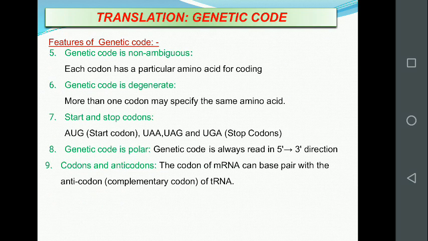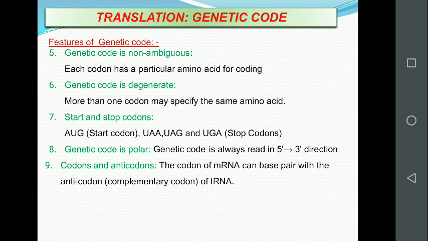The fifth feature is that the genetic code is non-ambiguous, so there is no confusion in the genetic code table. There are no different genetic code tables, such as one specific for lower organisms and another for higher organisms. There is only one genetic code table that is true for all types of organisms.